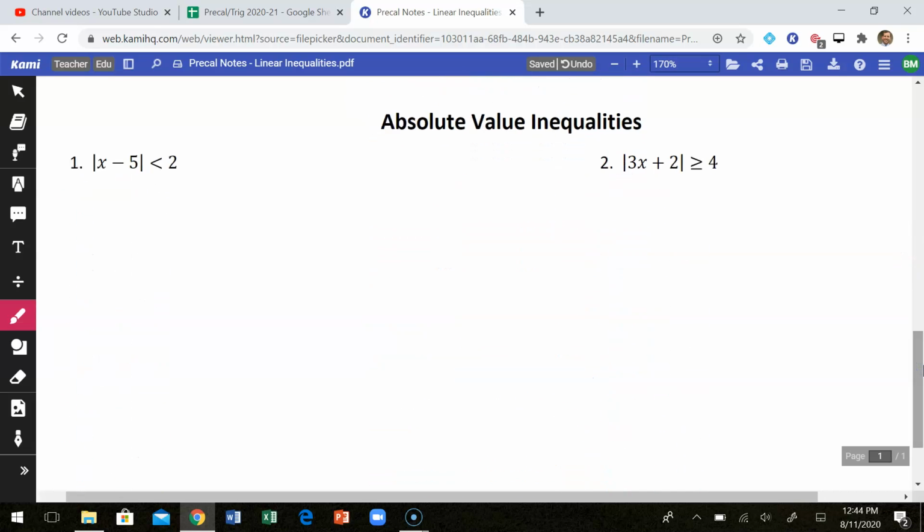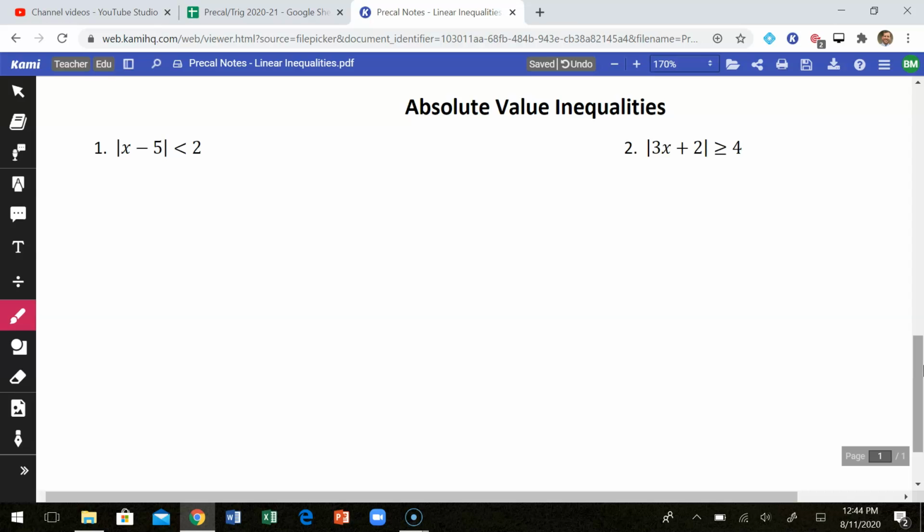And last up we have absolute value inequalities. There are two different ways to solve these, and it's based on what the inequality sign is. So I've got both of those here. If you start with a less than, or a less than or equal to, then whatever's inside the absolute value will need to be between this value on the right side and negative that value.